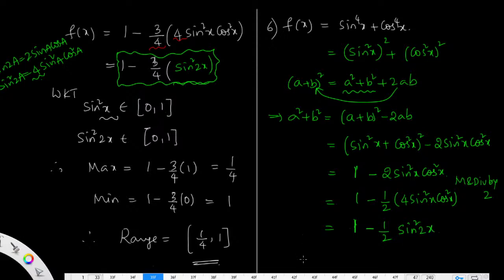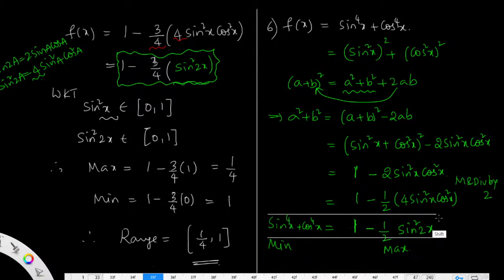Now what is the minimum and what is the maximum value for sin power 4x plus cos power 4x? Just remember sin power 4x plus cos power 4x is always 1 minus 1 by 2 into sin square 2x, and similarly the earlier one is 1 minus 3 by 4.